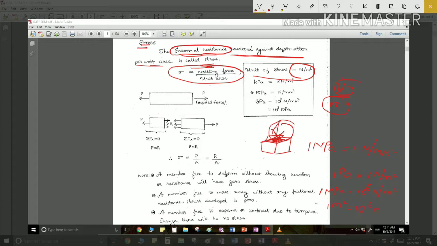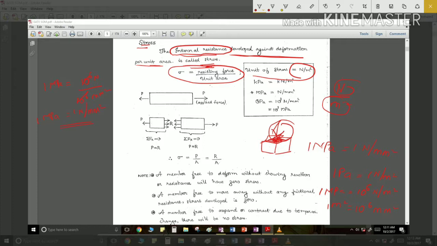Moreover, if you convert meter square into millimeter square, 1 meter square is equal to 10 power 6 millimeter square. So therefore, this 10 power 6, I'll write here. 1 megapascal is equal to 10 power 6 Newton by 1 meter square. Now 1 meter square is nothing but 10 power 6 millimeter square. So this 10 power 6 and this 10 power 6 get cancelled.